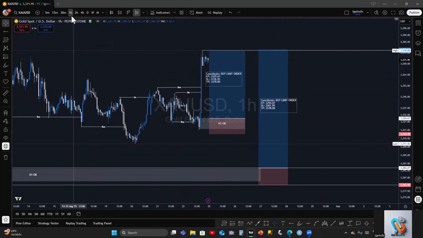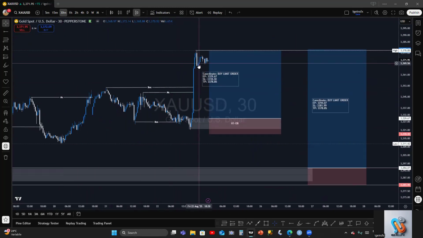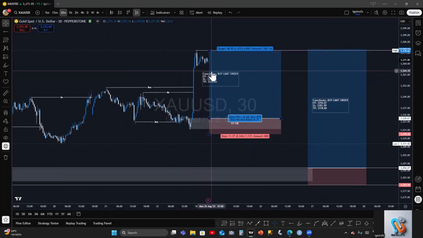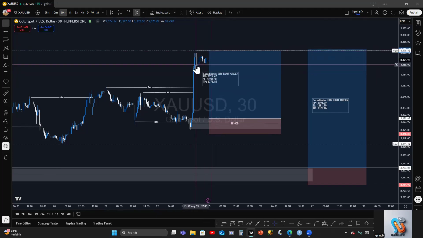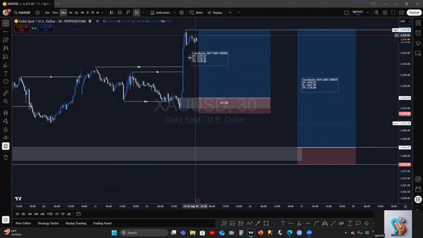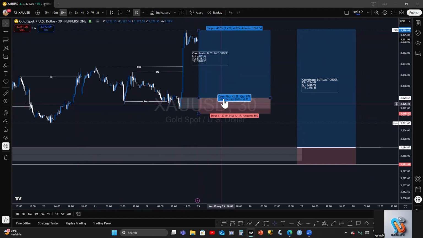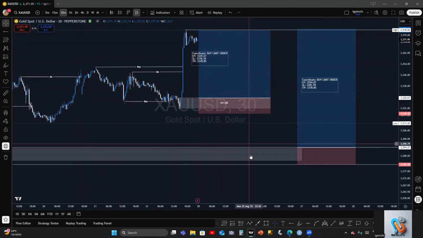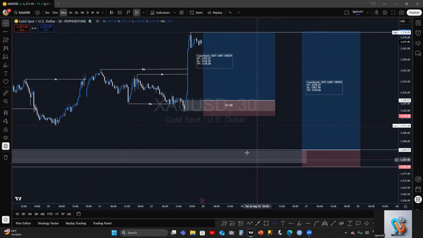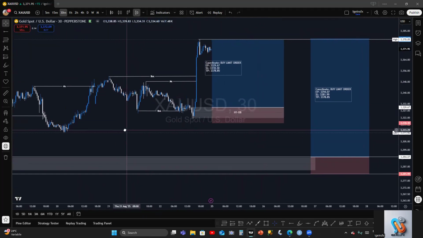If you want to really know, go to 30 minutes, you see price is in a process of market shift coming down because this is a very massive FVG here. Once price gets to this order block, there will be a reaction. But if it fails, that means this is the target point where price will come, fill this, then start pushing to the upside.